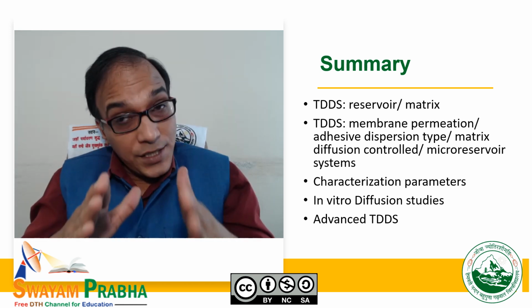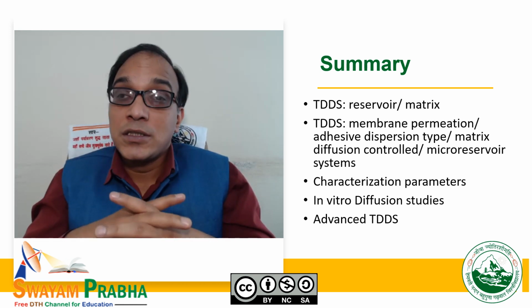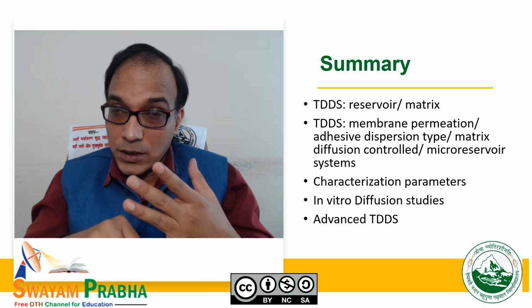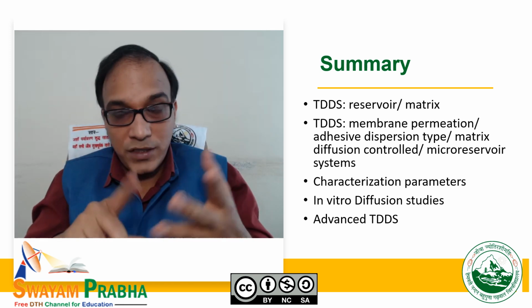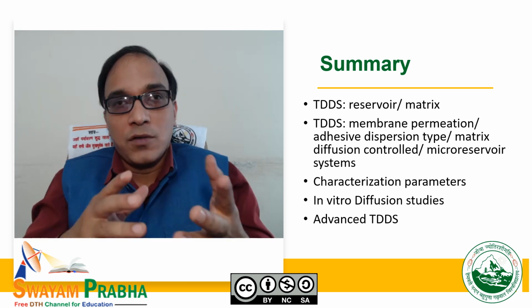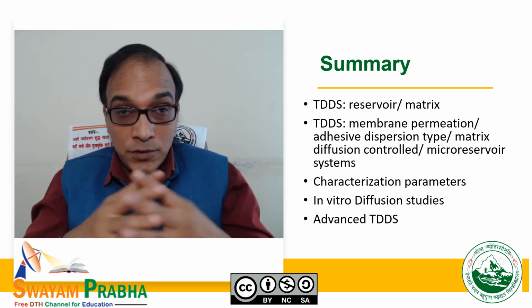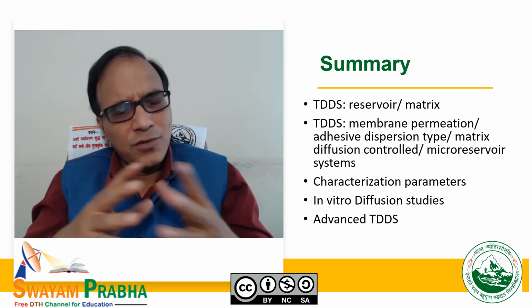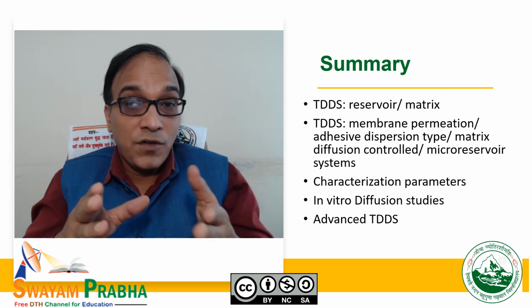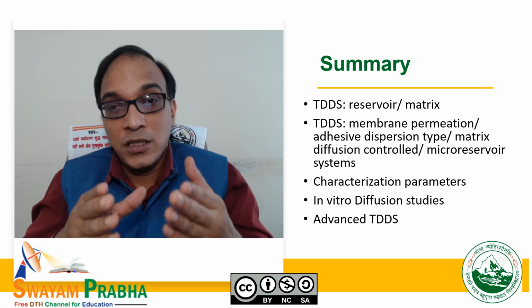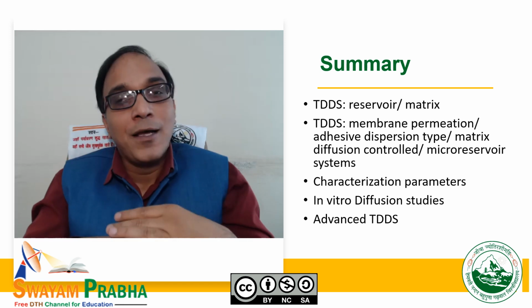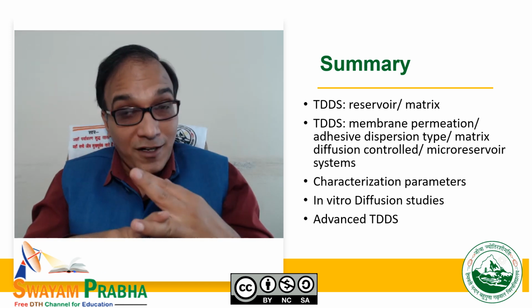As far as the characterization of transdermal drug system is concerned, you will go for the adhesive evaluation with the set of tests which we have discussed, like rolling ball tack test and quick stick, peel tack test. Then we studied the in vitro drug studies with the paddle over disc USP type 5, and the diffusion cells, vertical and horizontal.